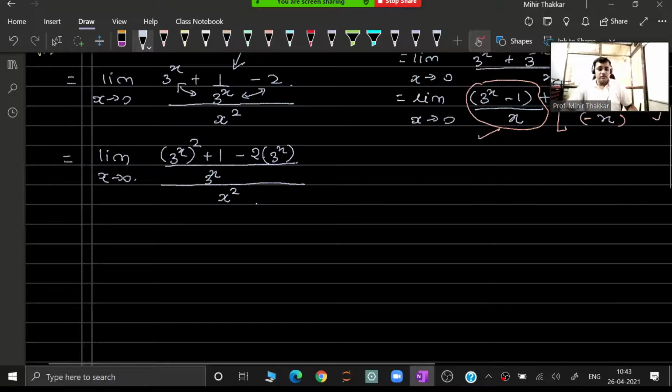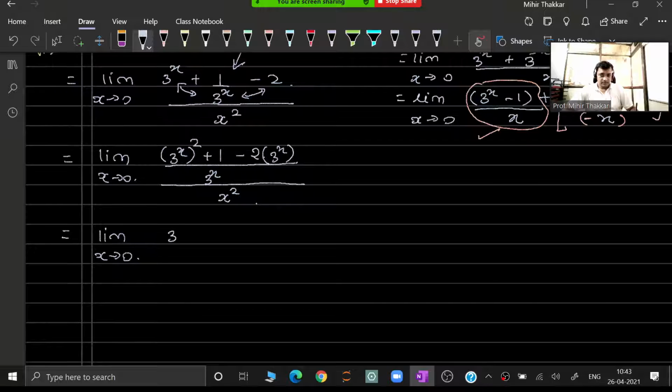Now what I can do is, I can just rearrange the elements like this. Just see, it is x tends to 0, 3 raised to x square minus 2 into 3 raised to x plus 1 divided by x square into 1 upon 3 raised to x.